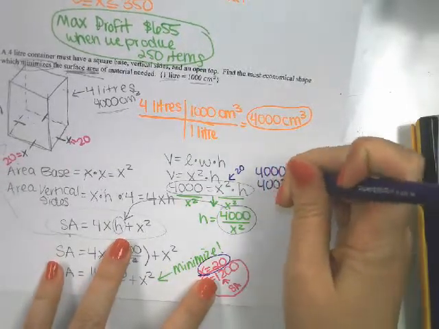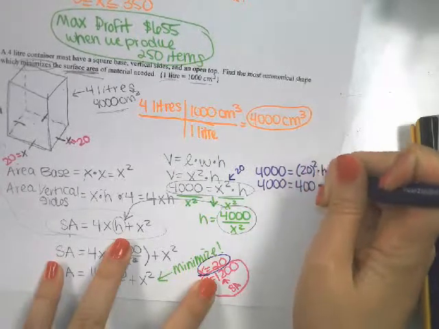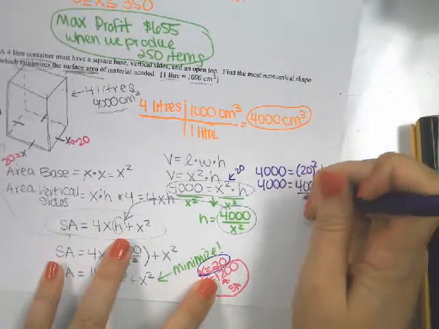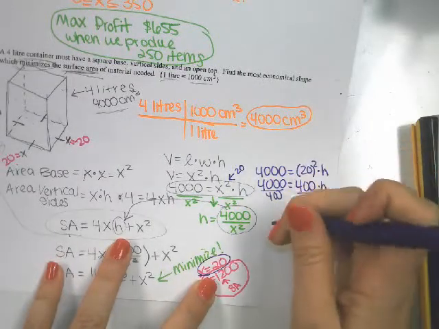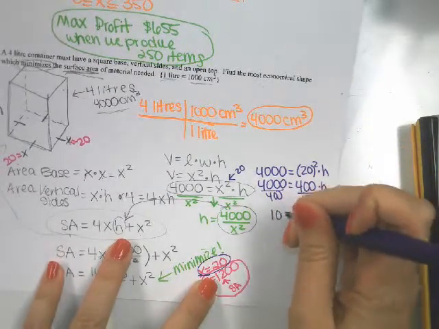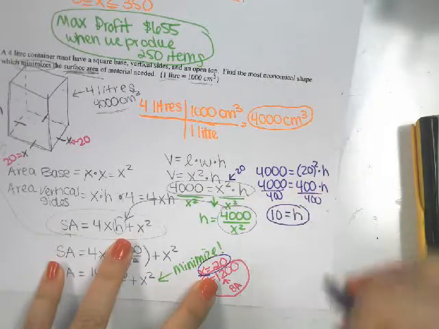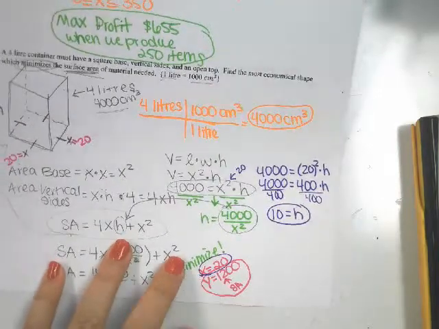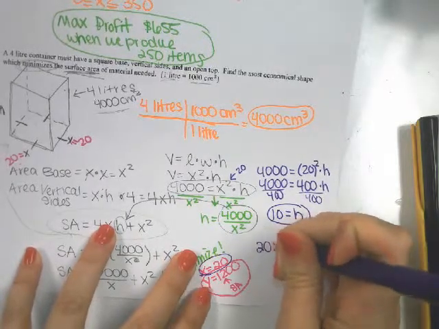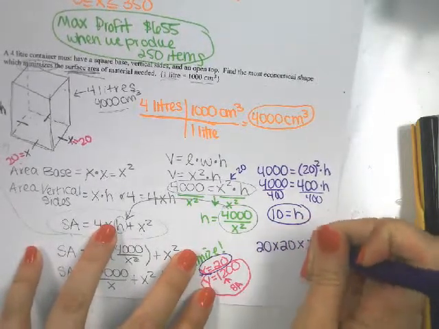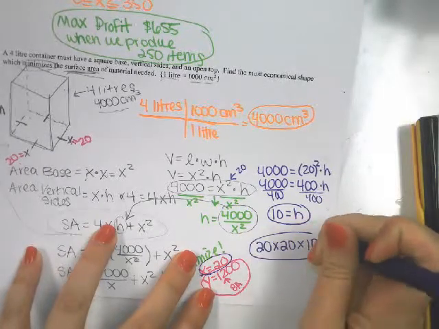So we would do 4,000 equals 400 times h, divide by 400, and that gives us 10. So the dimensions that minimize the surface area would be 20 by 20 for our base times 10 for our height.